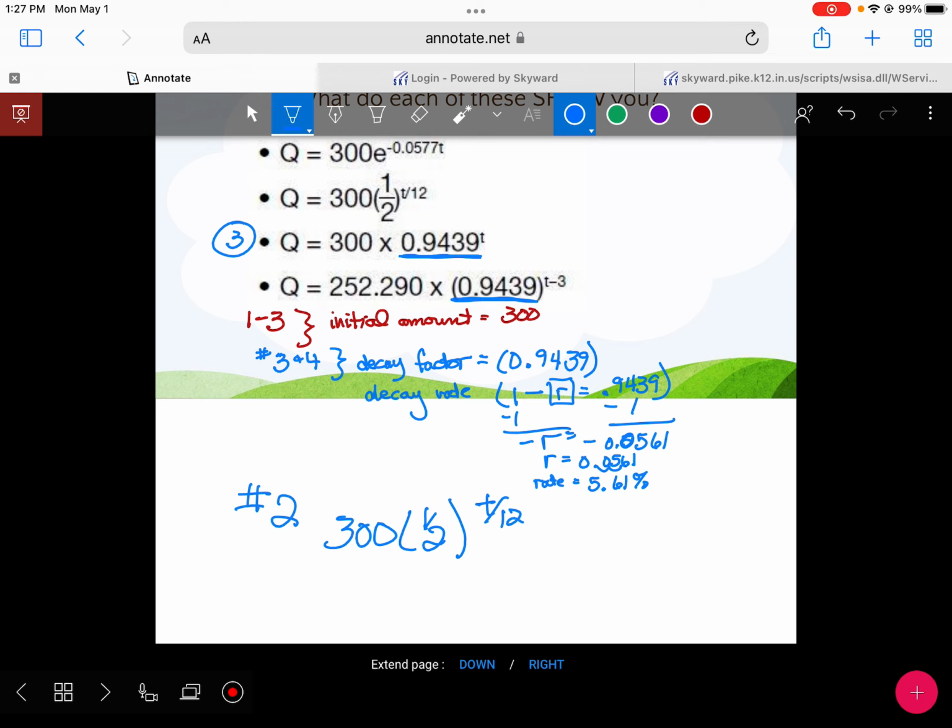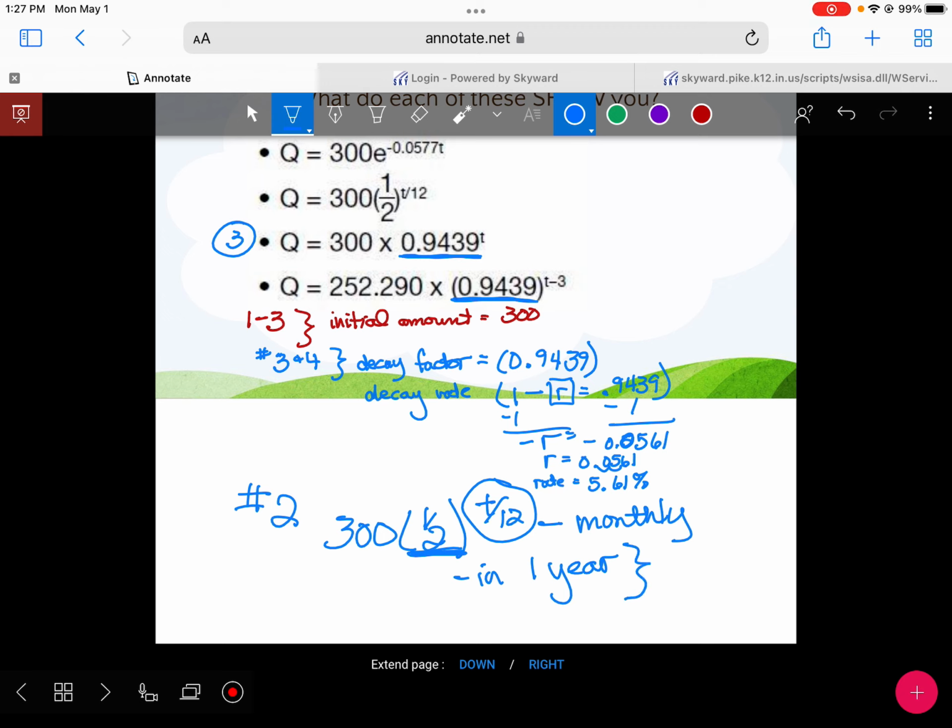T divided by 12 means I'm looking at it monthly. Number of years divided by 12, looking at it monthly. In 1 year, it's going to go down to 1/2.